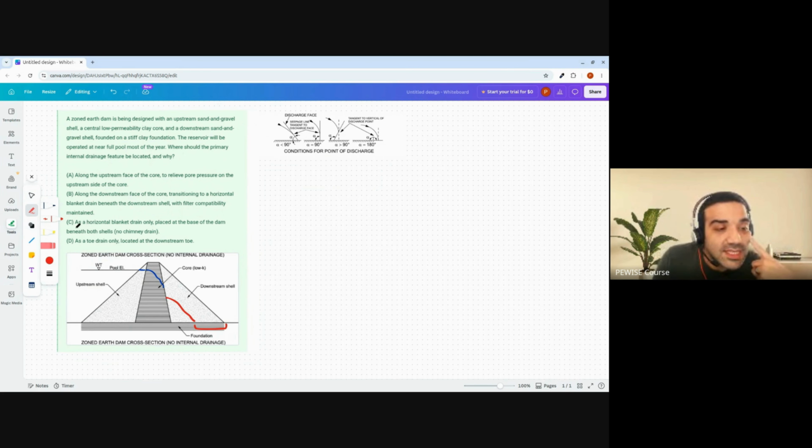Option C says as a horizontal blanket drain only placed at the base of the dam beneath both shells, no chimney drains.